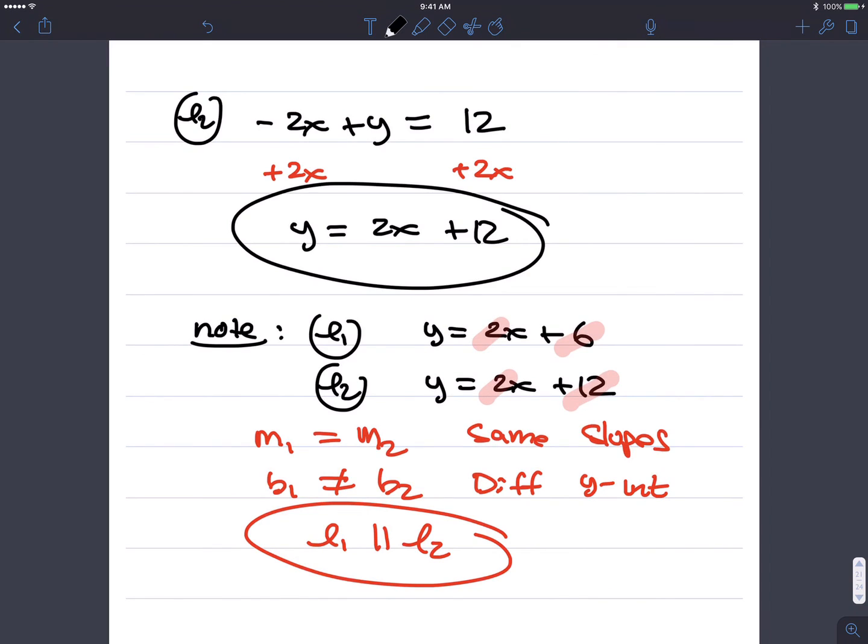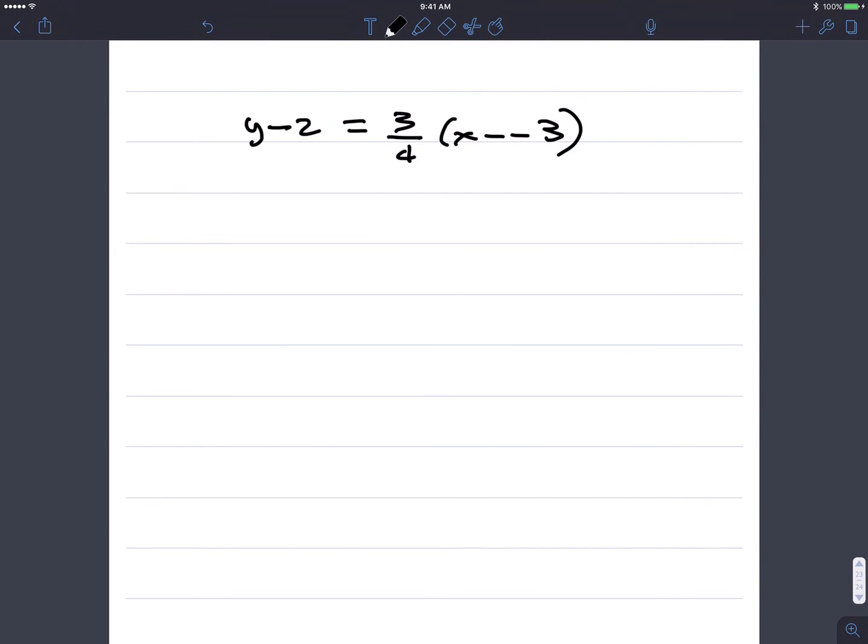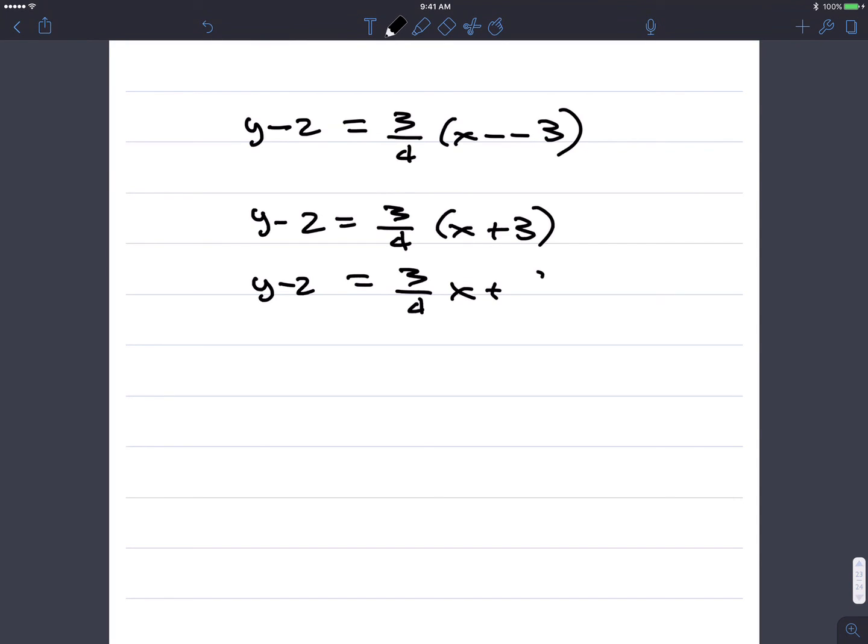Let's double check. Looks like this is what we have. Okay, here we go. Y minus 2 is 3/4 x plus 3. Y minus 2 is 3/4 x plus 9/4.